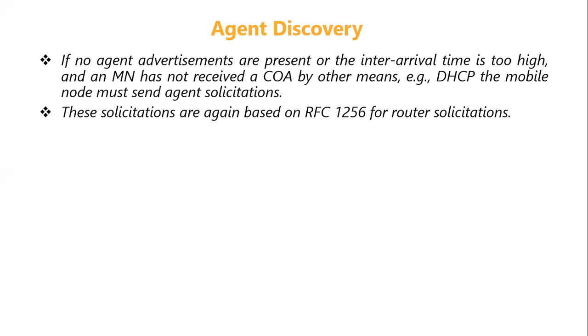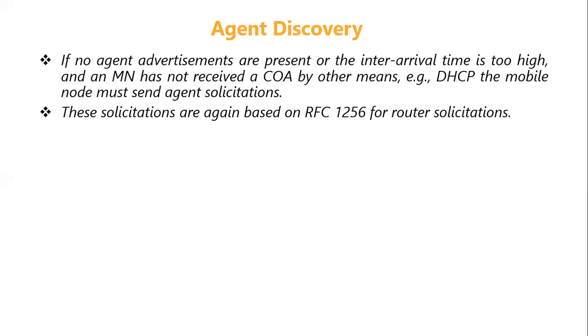So this is about agent discovery. We have discussed agent discovery under two main headings: agent advertisement and agent solicitation. Normally every home agent and foreign agent will send advertisement messages. By listening to that message, the particular mobile station will establish a connection. The first one is agent advertisement, the second one is agent solicitation.